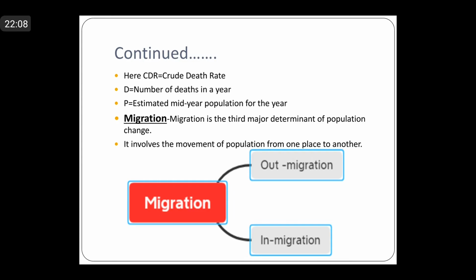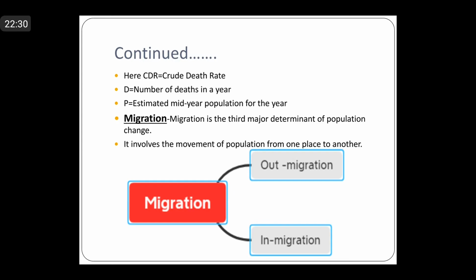And let me again tell you what is that mid-year population. Mid-year population is calculated as half of the change in the population that takes place during a year, okay.